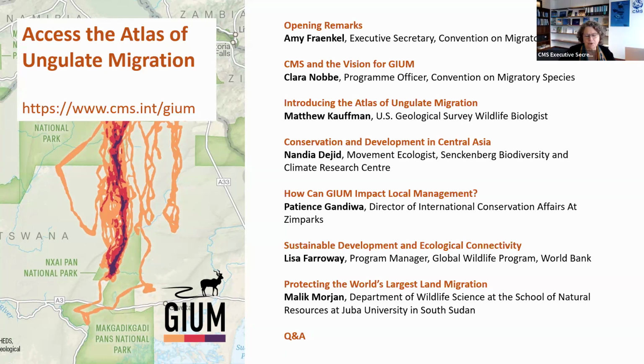Sure, and I'd be happy if Claire wants to jump in, but I think the policy and the data are slightly separate, because in terms of the migration data, we have a lot of work on policy across landscapes, even with having imperfect data, is what I mean.